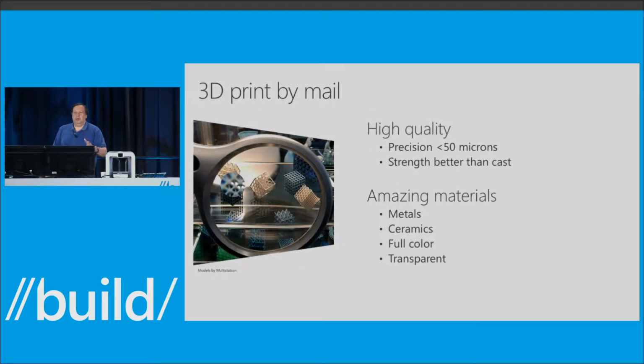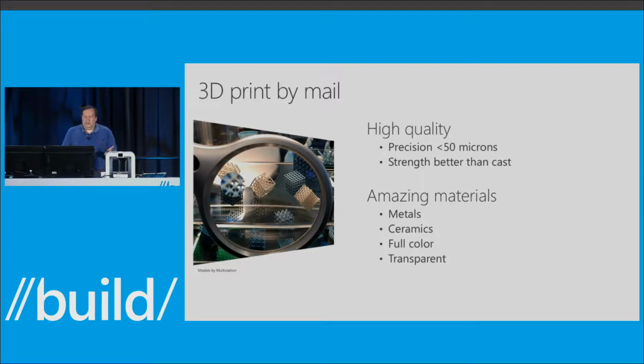3D print bureaus, as we call them, manufacturing facilities, enable those that don't have printers, those people who don't want to futz with the printers, the ability to print from their desktop and receive something much more complex. So the print bureaus or the fabrication services, they can do very high quality parts. They can get down to 50 microns precision.